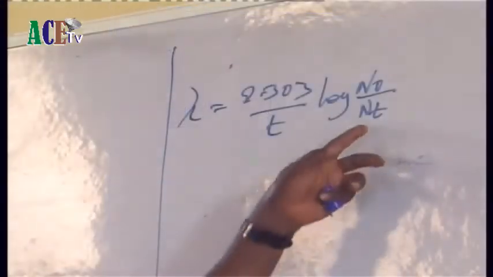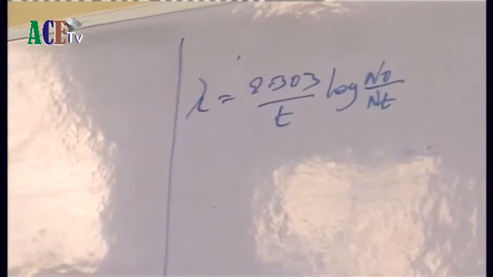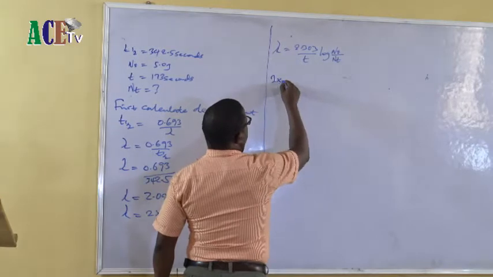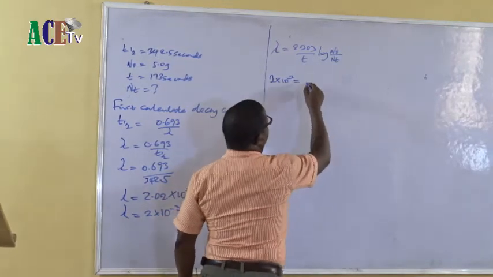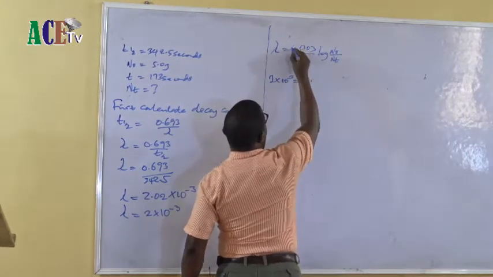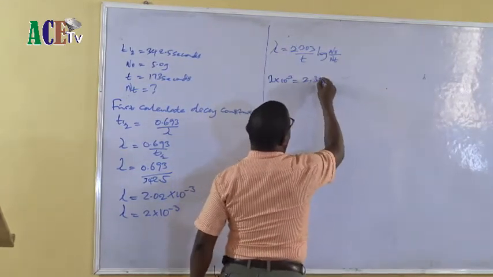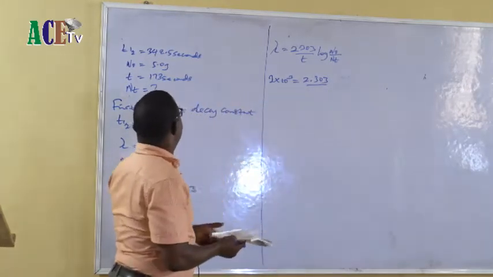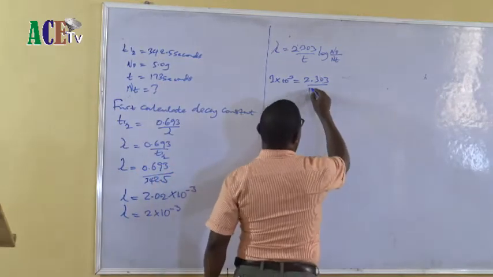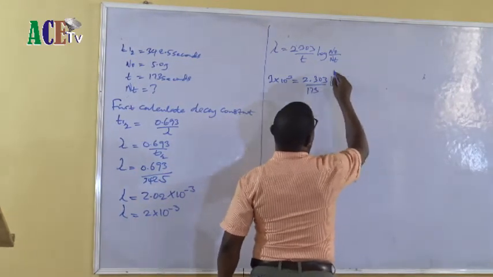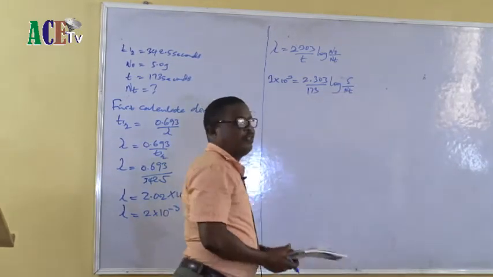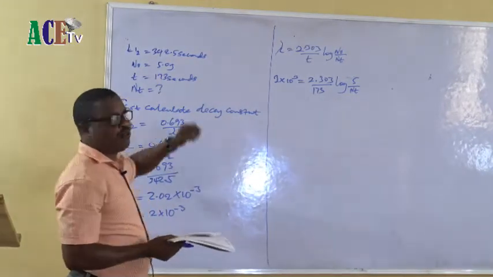We are looking for our Nt, and we've calculated our lambda. 2 times 10 raised to power minus 3 is equal to 2.303 all over, what is our t? Our t is 173 seconds. Then log of N0, which is 5, all over Nt, because we have been given our N0 to be 5.